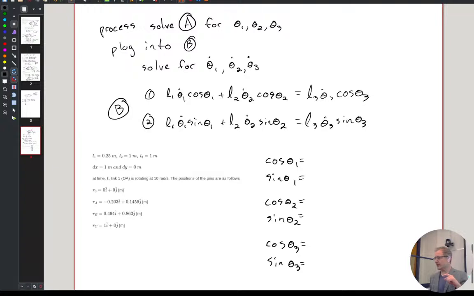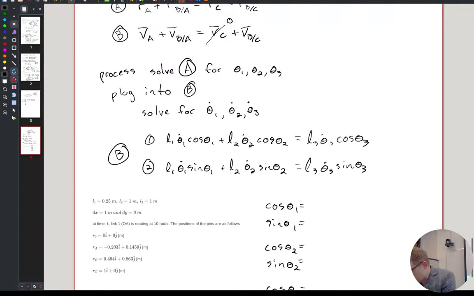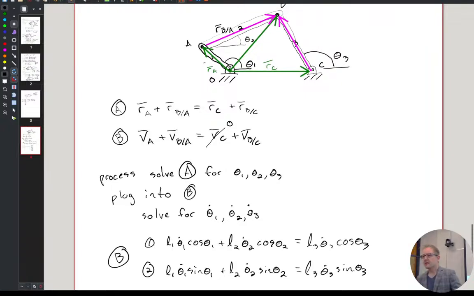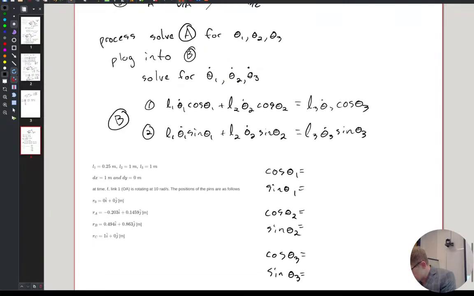I think we were plugging all of these in, but because all those angles are describing relative positions, it's always L1, 2, and 3 as our hypotenuse parts there.